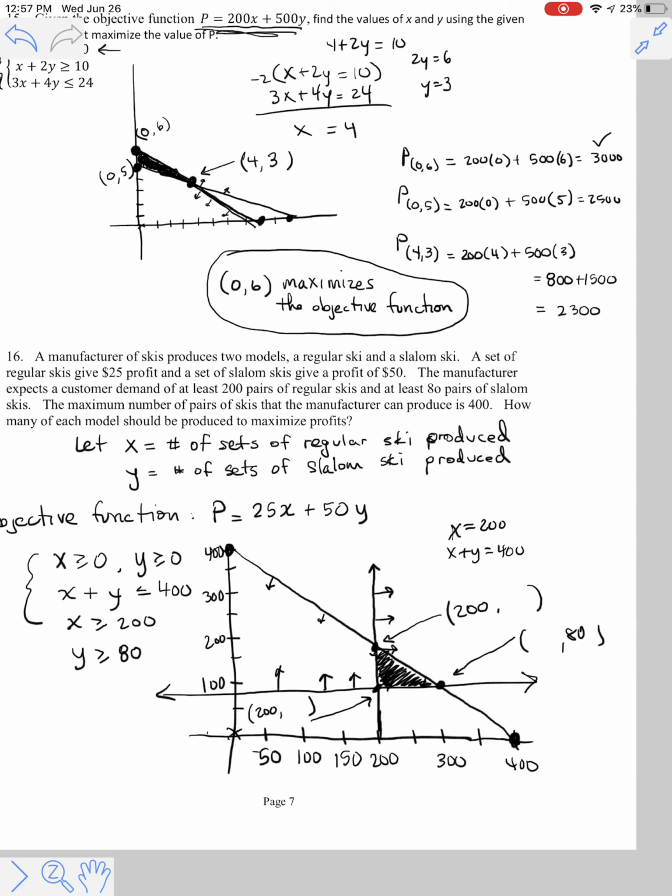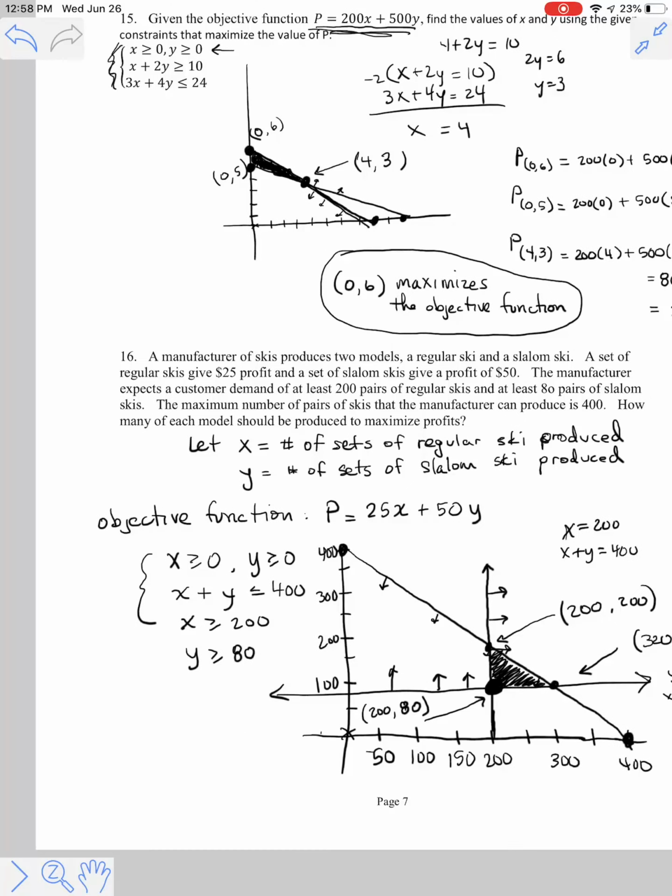So if x equals 200 and x plus y equals 400, then we know that y equals 200. Now this point here is a little bit easier to figure out because it's right on the line where x equals 200 and y equals 80. This point here is an intersection of the line y equals 80 and the line x plus y equals 400. So if y equals 80, then x equals 320.